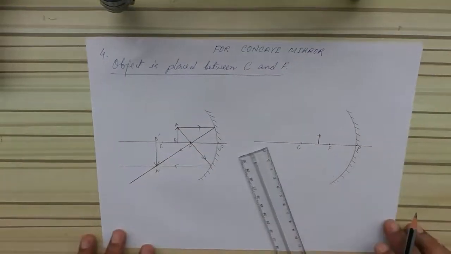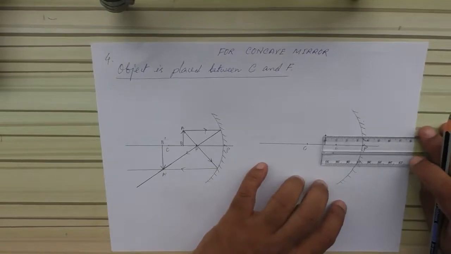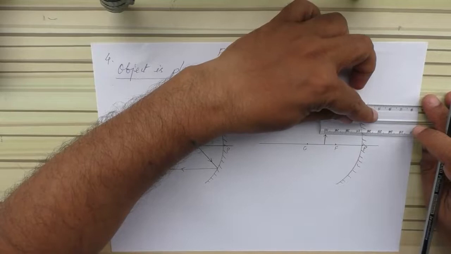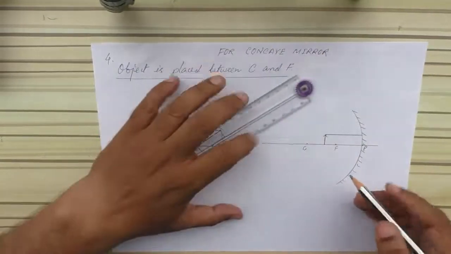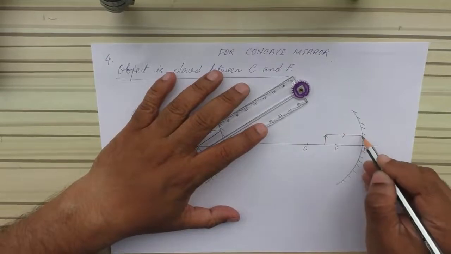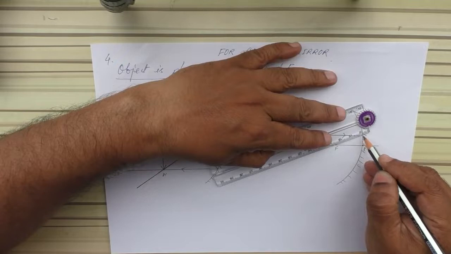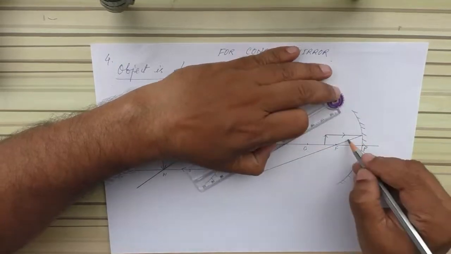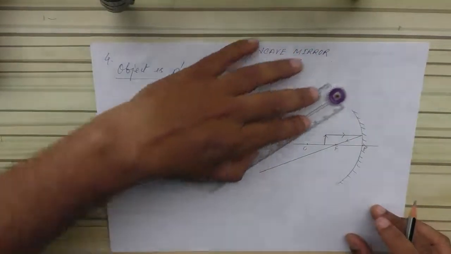Object is placed between C and F, and a ray of light incident parallel to the principal axis. After reflection we know that this light ray passes through focus.